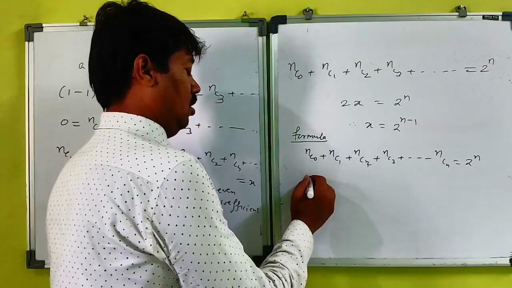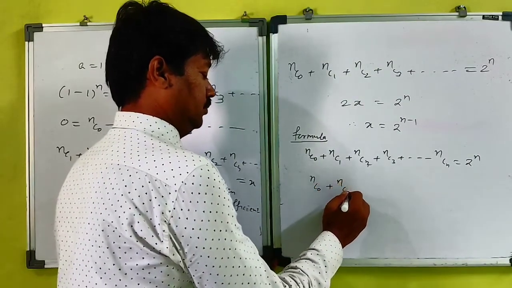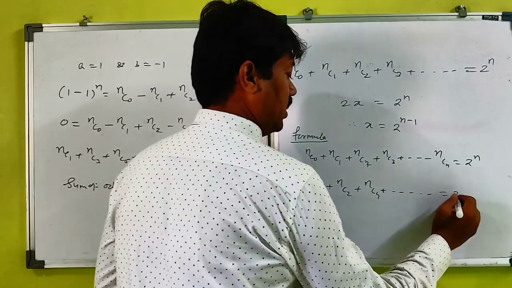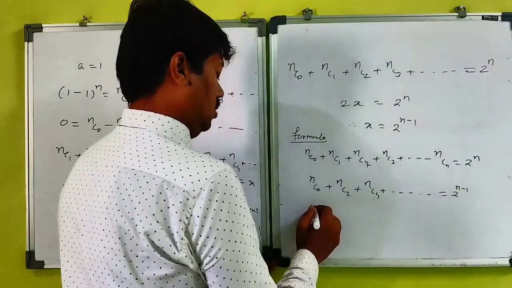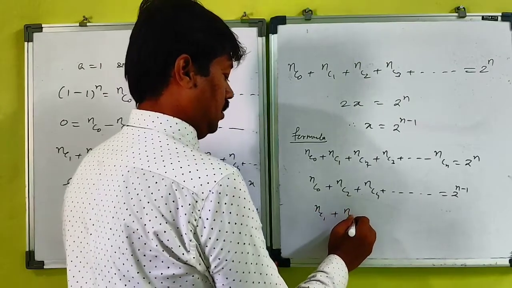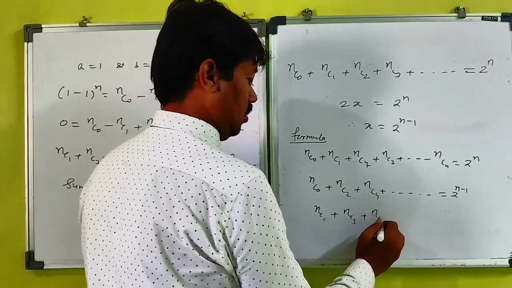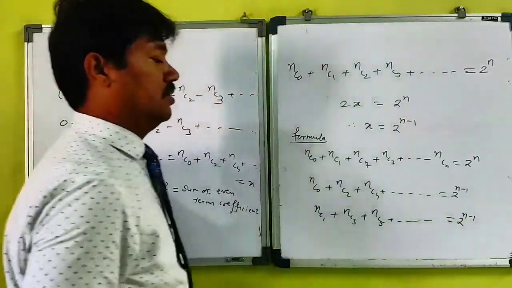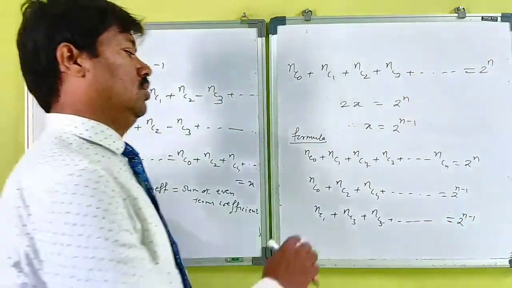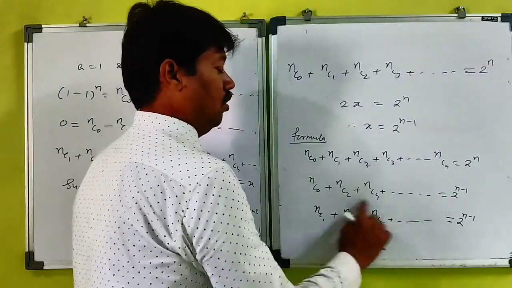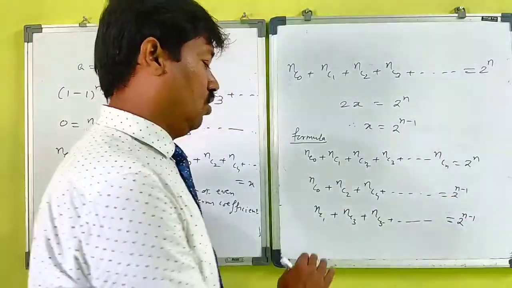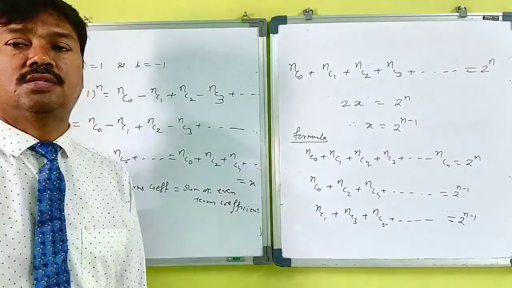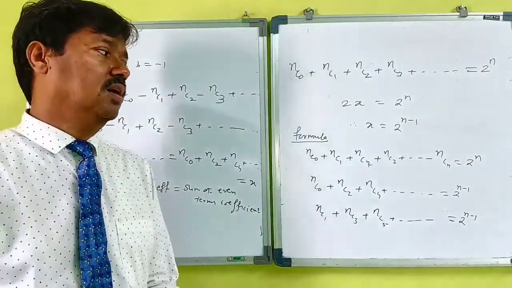And if you take only the even terms, it will be 2 raised to n minus 1, or the odd terms, it is also 2 raised to n minus 1. Though the sum of all is 2 raised to n, only even is 2 raised to n minus 1. So that is the expression.